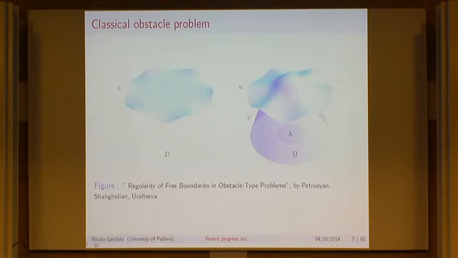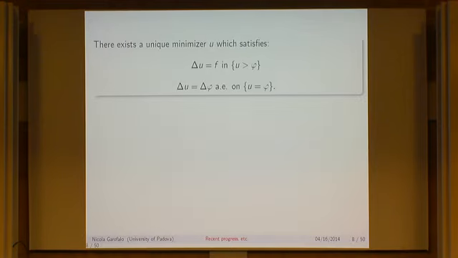That's a picture that I borrowed, as so many pictures, from the book of Arshak, Henrik, and Nina. So that's a picture for the classical obstacle problem. If we look at the solution, we see that it satisfies the PDE Laplacian of u equals f in the set where u is above the obstacle, whereas on the coincidence set this condition is satisfied almost everywhere.